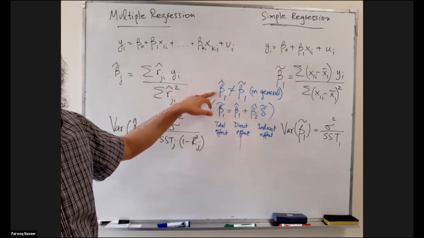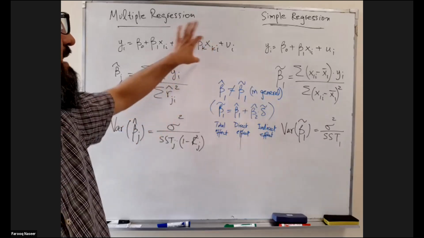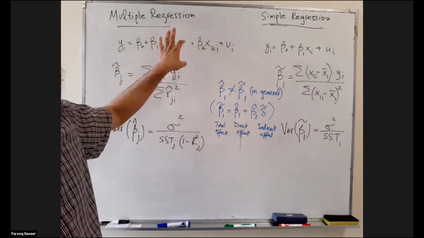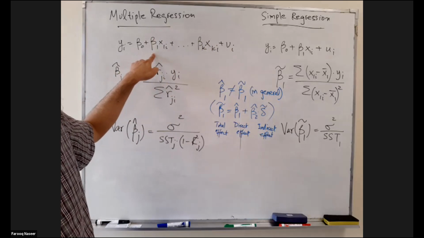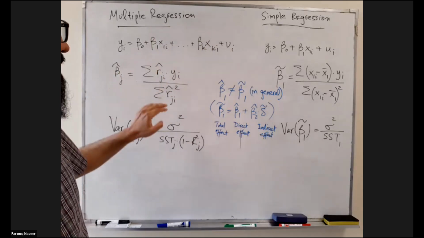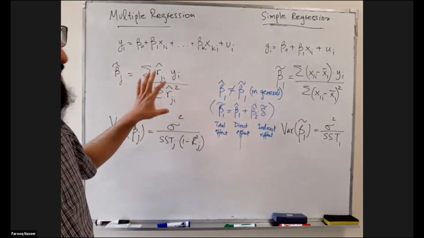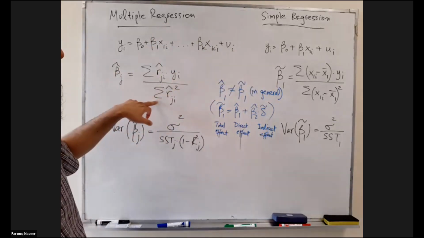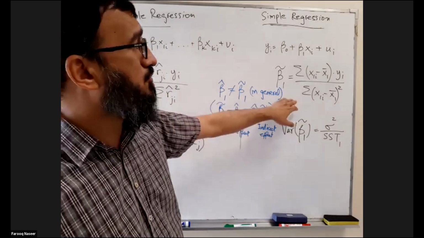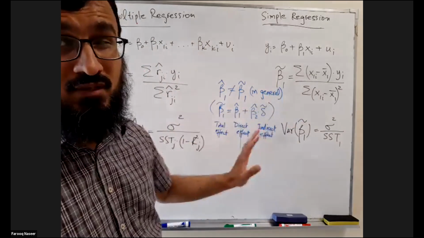Which means that when you add additional variables to your regression, the slope on the existing variable will change in value, right? And you can see how it will change. So the formulas are different. The way you will compute the slope in a multiple regression is different from how you will compute it in a simple regression, right?